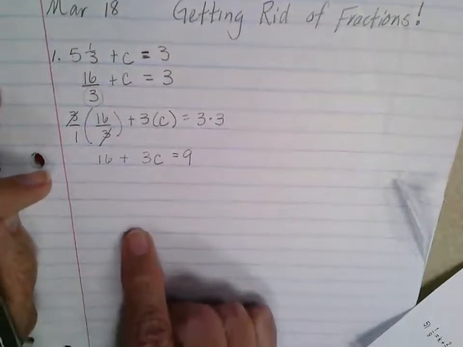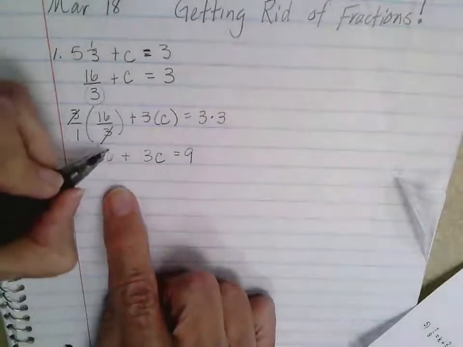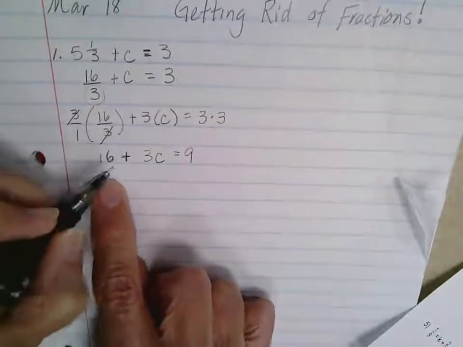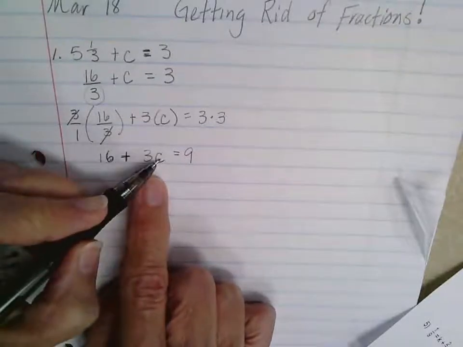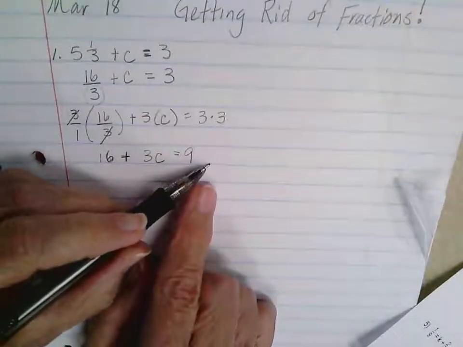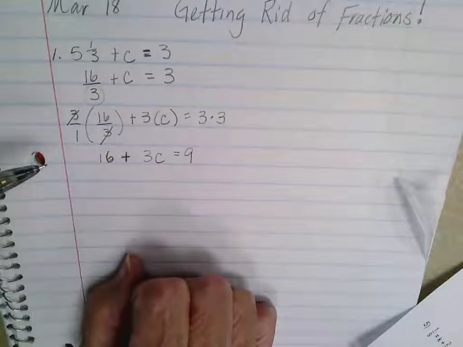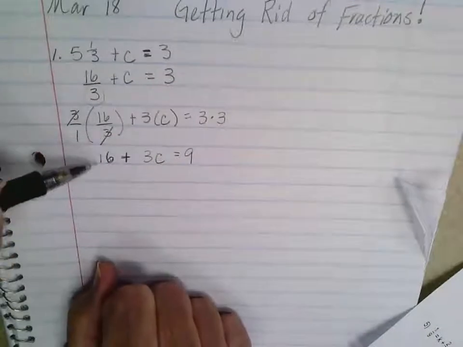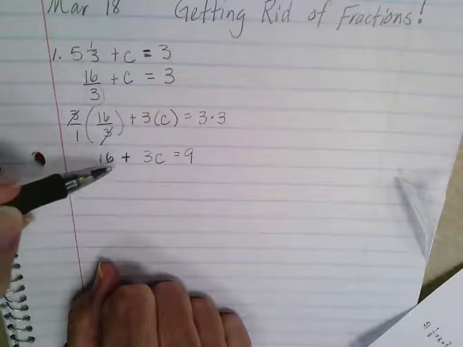Now I can look at what I have in my algebra equation. I can see that on this side I have numbers and variables, and on this side I only have numbers. So it would probably be best to not have this number over here.